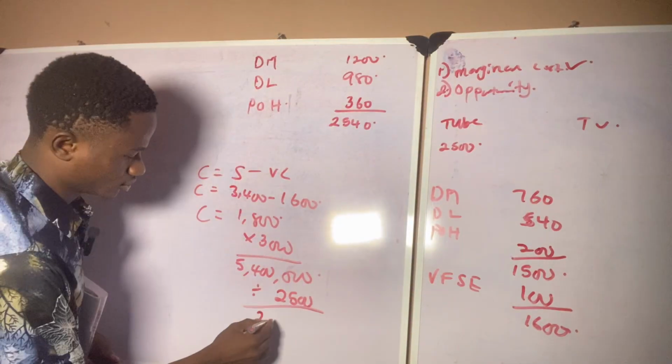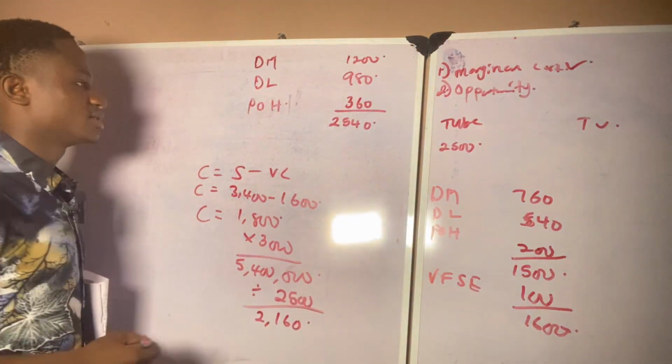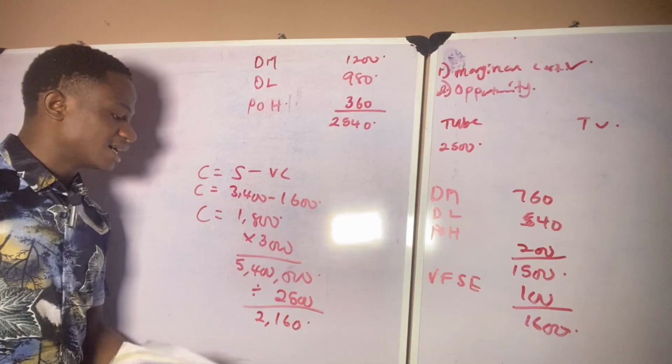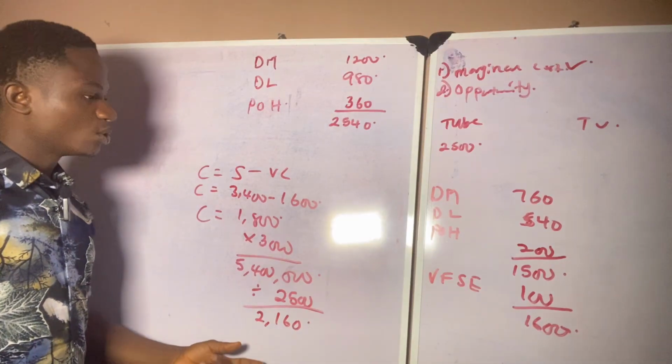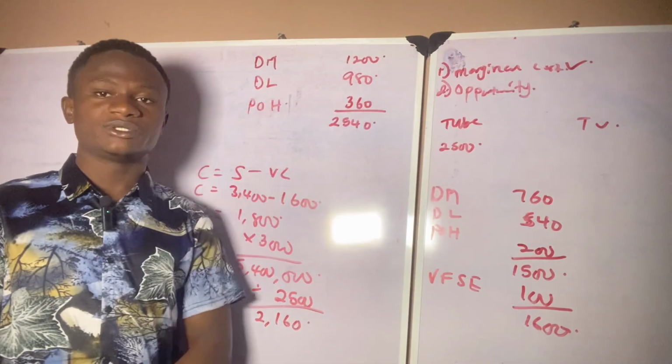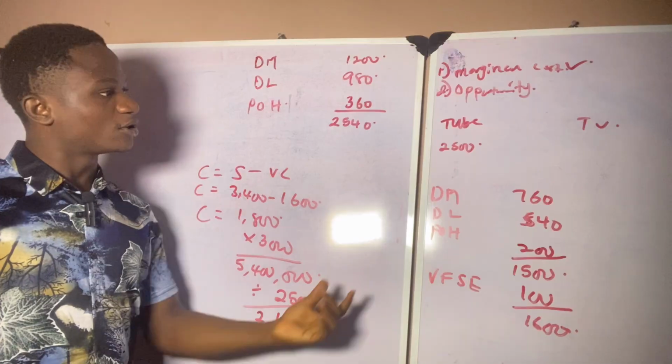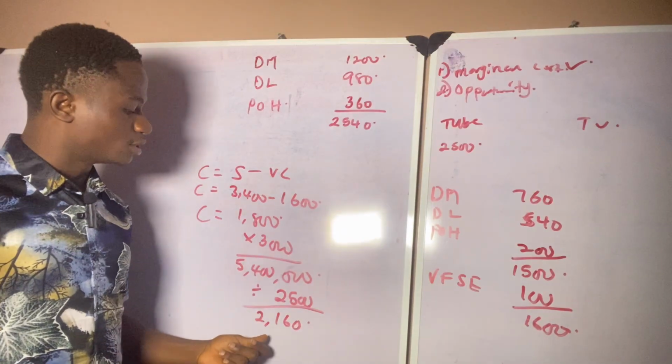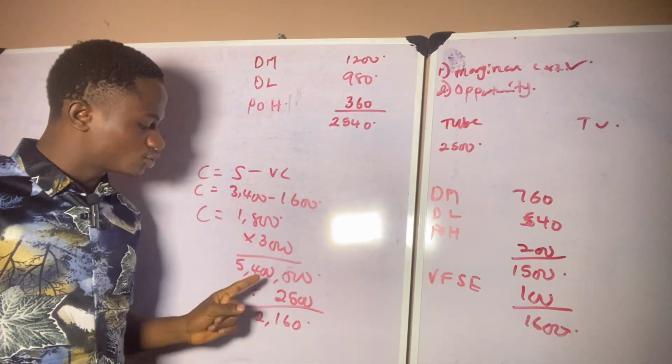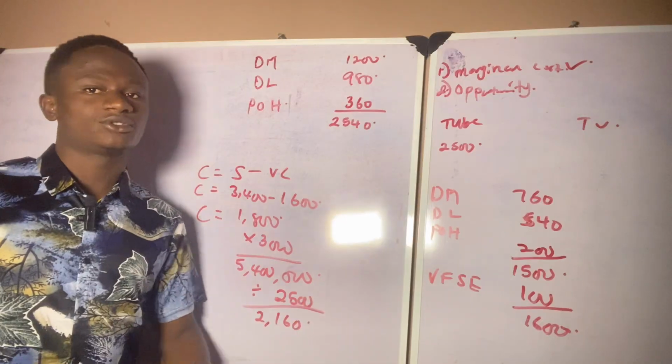So let's go. 2,160. So this is the extra amount I have to charge on each unit of the high resolution tube division, to be able to cover my 5.4 million opportunity cost.